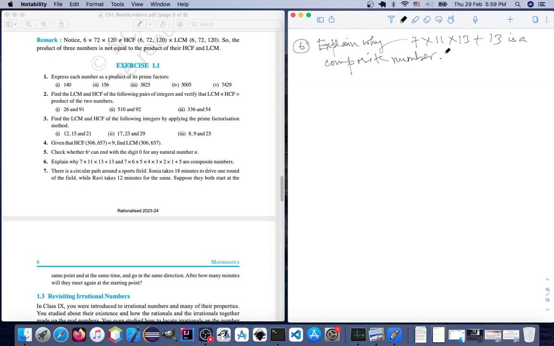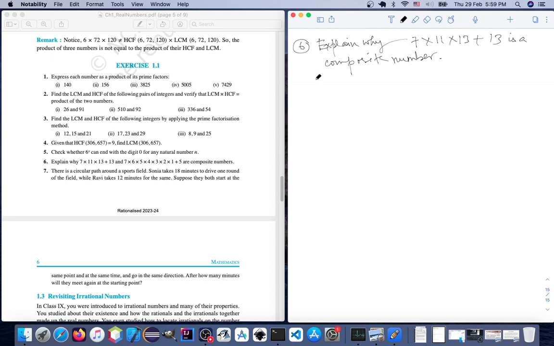Now, when it says explain why a given number is a composite number, it is essentially asking whether we can write the given number as a product of prime factors.